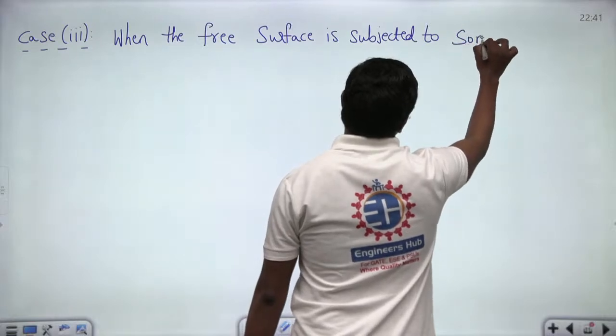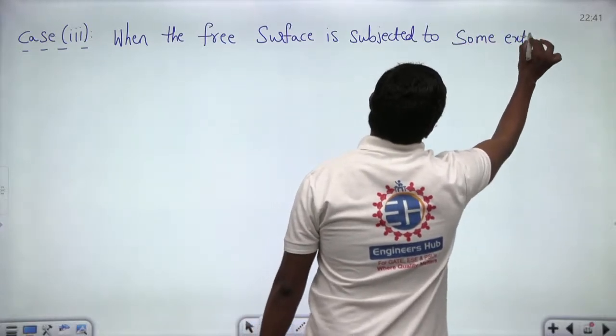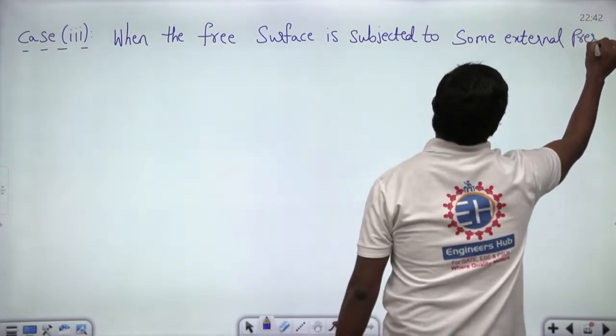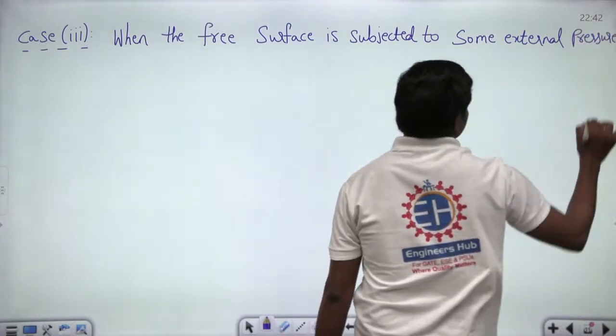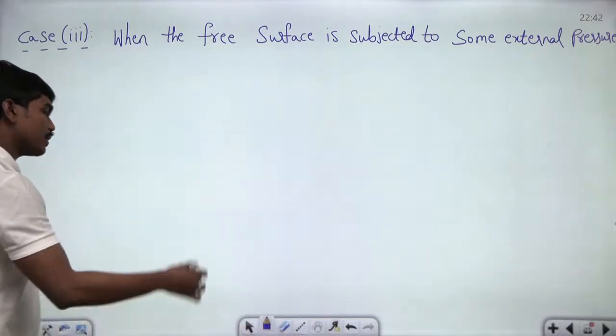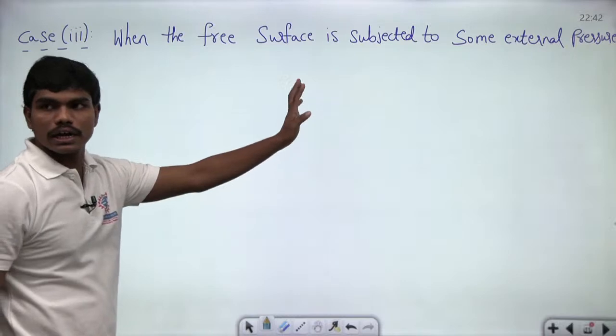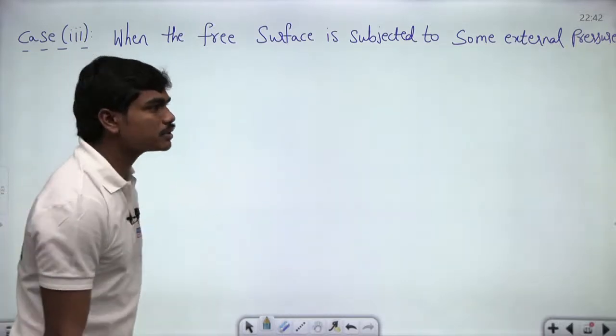So what is this external pressure? Let us see carefully, because this is one case in which you get some questions in GATE exam as well many times. So that's the reason.